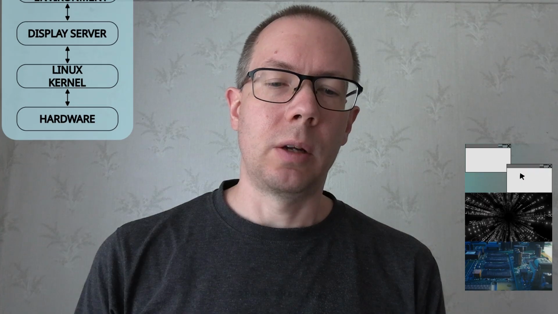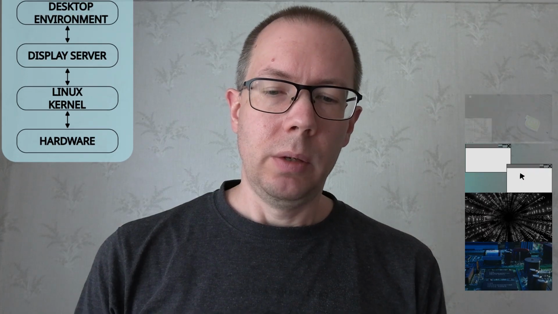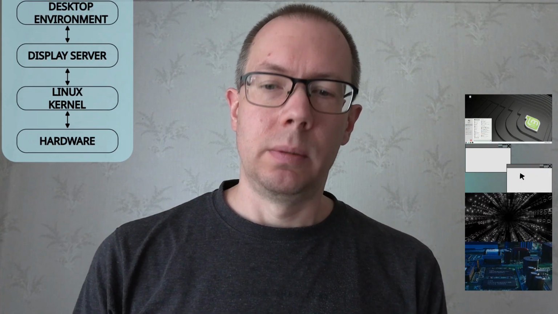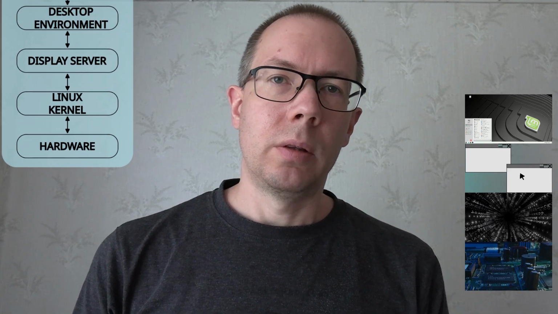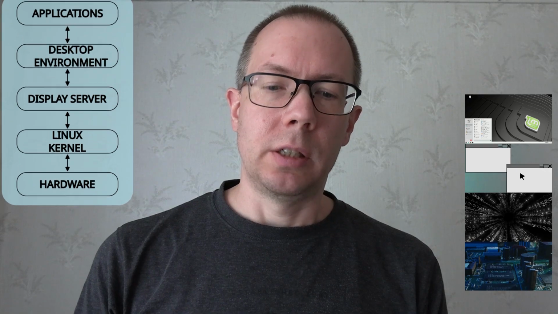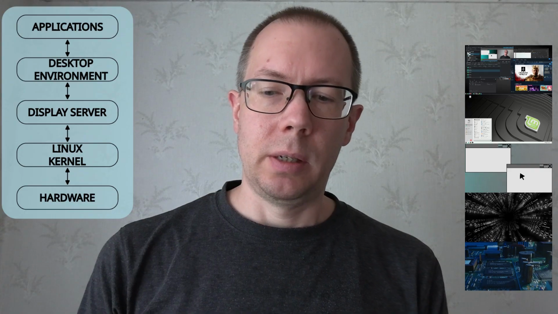Next is the desktop environment, which gives you the look and feel, panels, settings, and window behavior. On top of that are the applications, like browser, terminal, file manager, that you actually see.